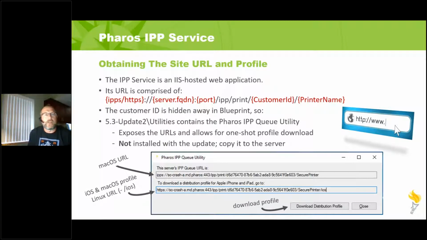Those are right here. Here's the macOS URL, so you can send that to your macOS users. And here's the profile for both macOS and iOS. If you want to, you can download the profile directly from the server and then use that within your MDM structure to send out.